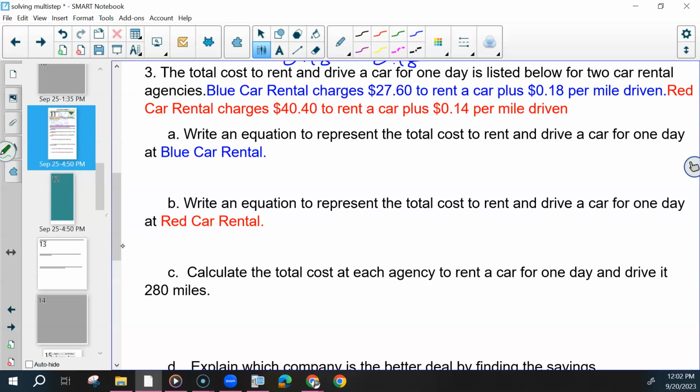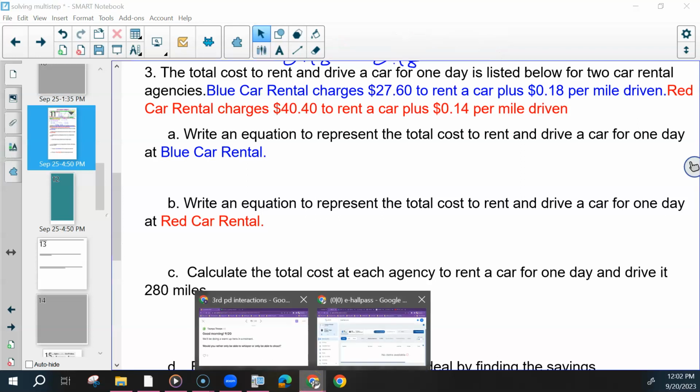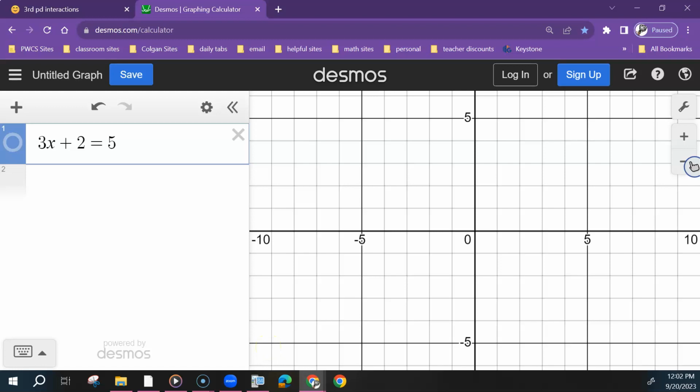Okay. I'm going to show you one thing, and then I'll let you work. You can use each other, you can use your notes, you can use your calculator, you can use Desmos to do these. To use Desmos, you can check yourself by putting in any equation. It has to be with the variable x.